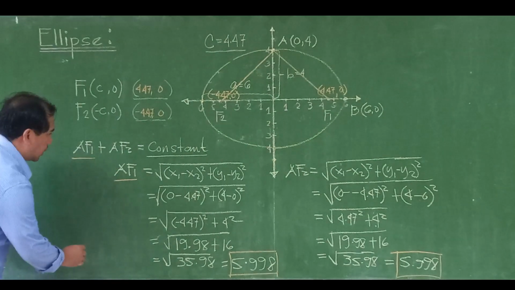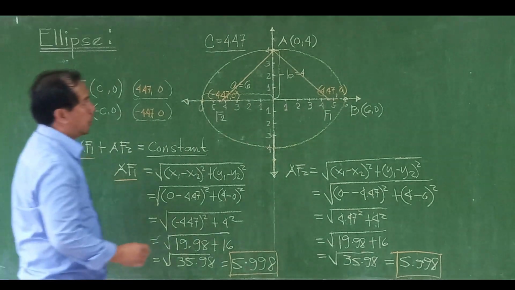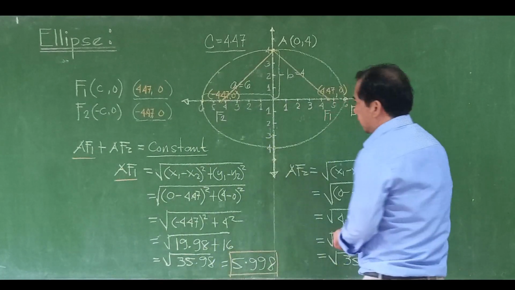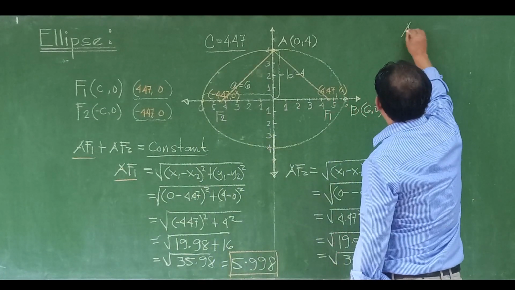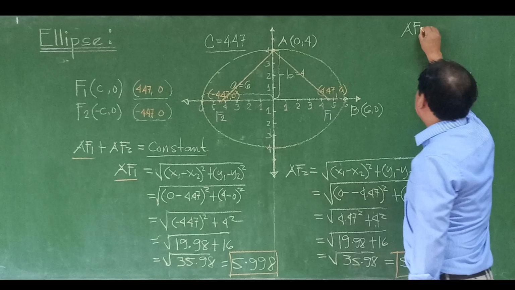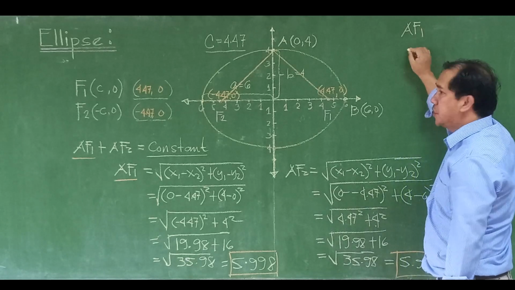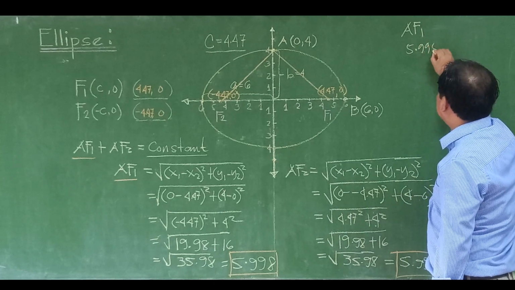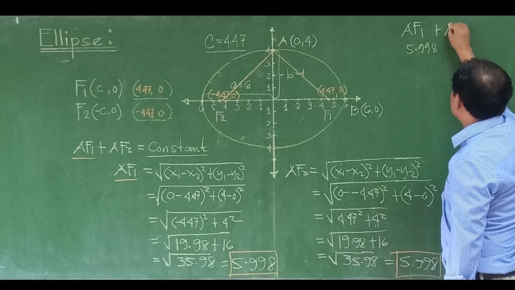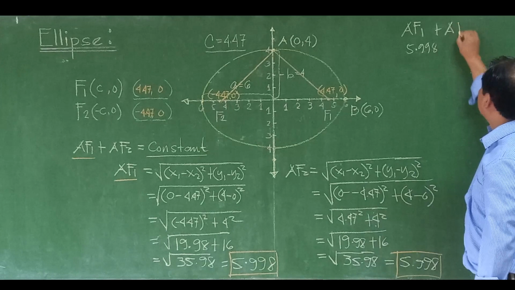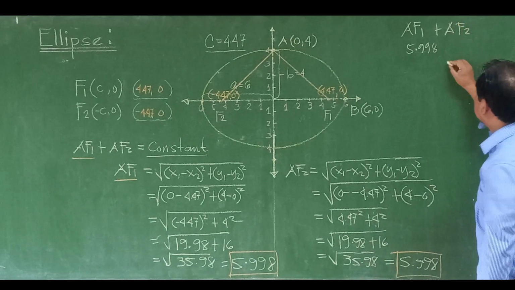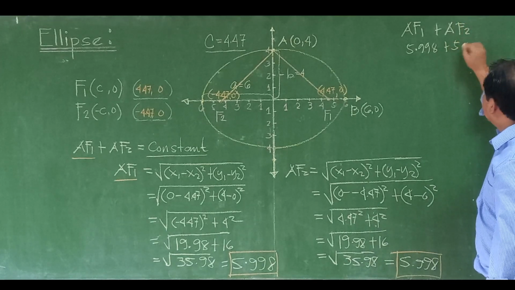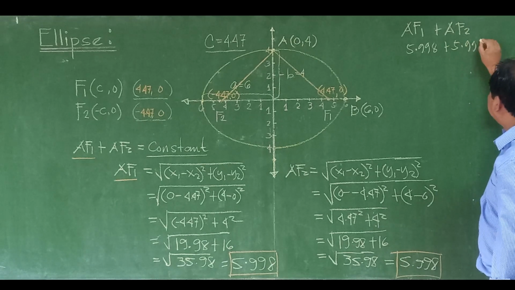So the distance from point A to focus 1 is equivalent to 5.998 plus the distance of point A to focus 2, that is 5.998.